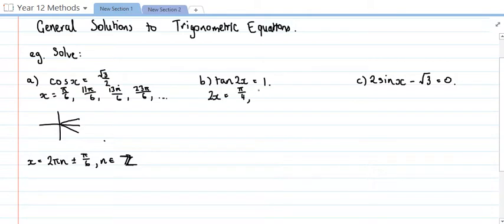And the other place where it would happen would be in the third quadrant, which would be 5 pi on 4. And I'll write down the solutions if I keep on going around the circle. So we get 9 pi on 4 and also 13 pi on 4.